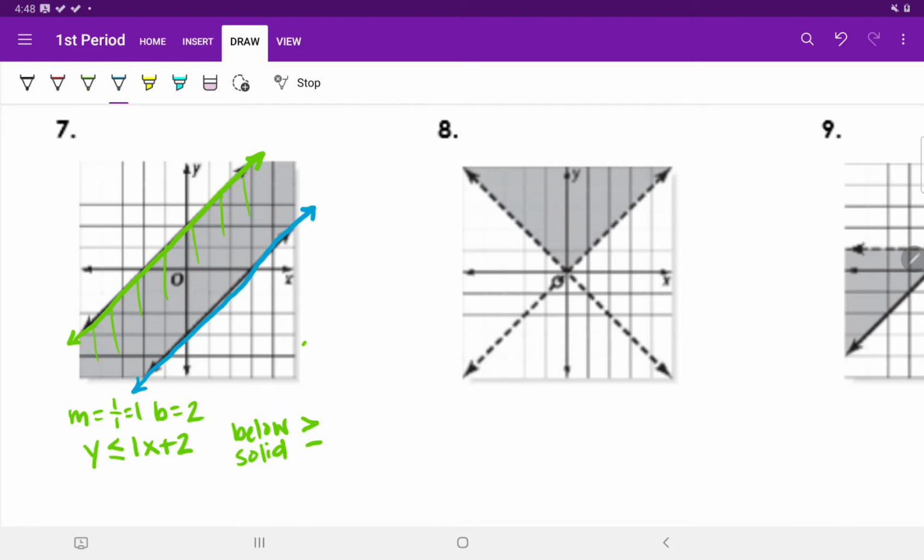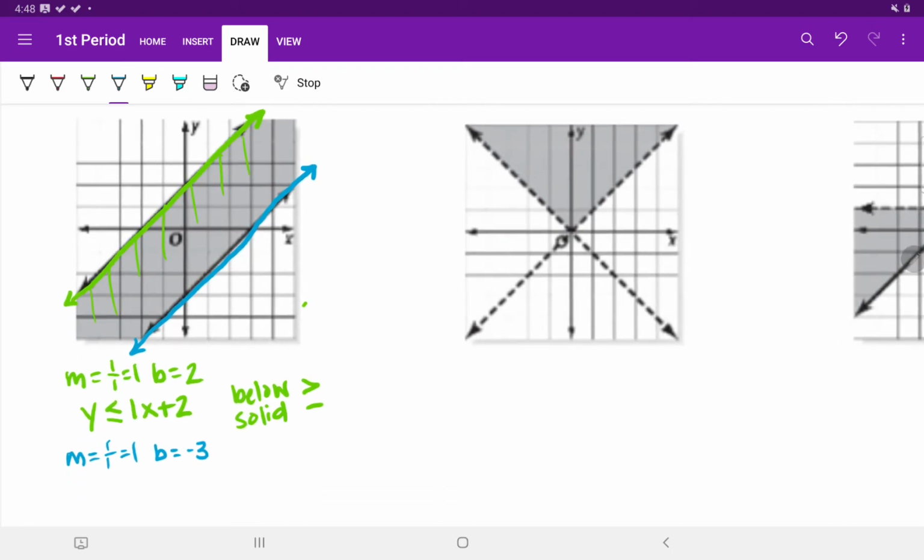Now let's focus on the blue line. If I pick 2 points and look at their slope, I have a rise over run of 1 over 1, which again is positive 1. The y-intercept is negative 3.